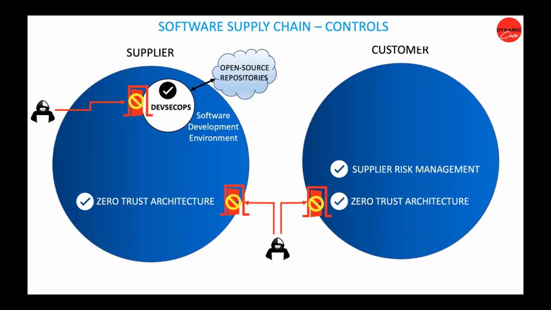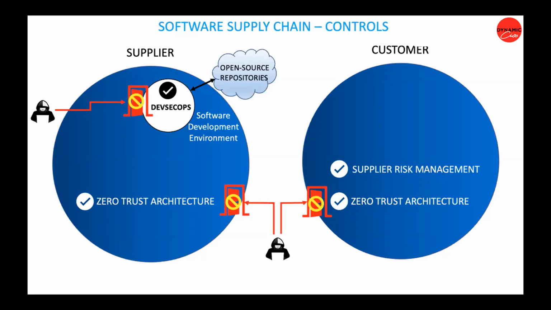Now, while these are the vectors and controls, the attackers have gotten smart. They know that organizations are plugging in these holes, and a good implementation of zero trust architecture can completely finish off most of the lateral movements and attacks, right? Similarly, a well-implemented DevSecOps can protect the dev environment pretty neatly. If these two things are done, it doesn't leave much scope for the software supply chain attackers.